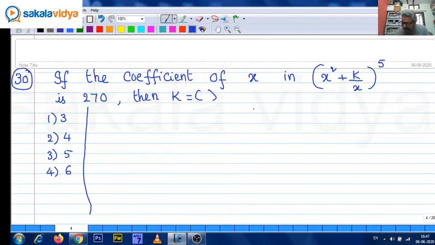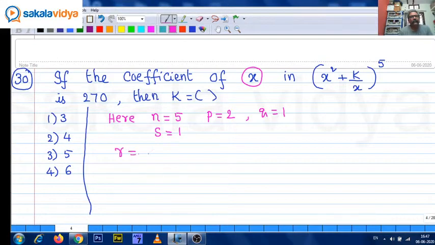So let us see first. Now here n equals 5, p equals 2 for x square, q equals 1. Next x power means 1, so s is equal to 1.